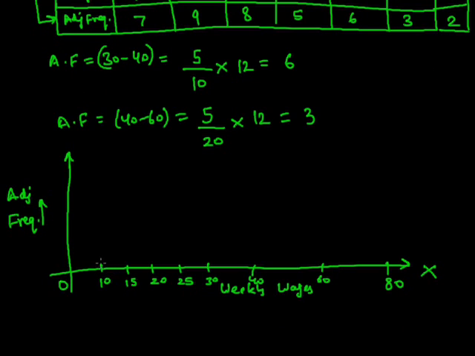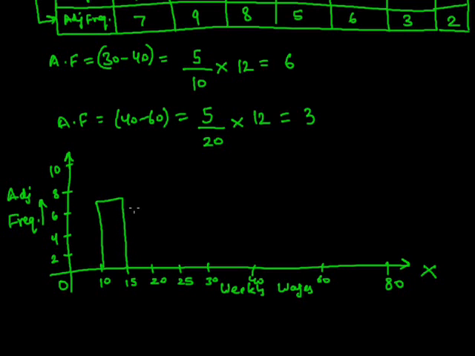Now for 10 to 15, accordingly we have to plot the adjusted frequency. First we take the adjusted frequency axis as 2, 4, 6, 8, 10. For 10 to 15 the adjusted frequency is 7, so we plot it at 7.